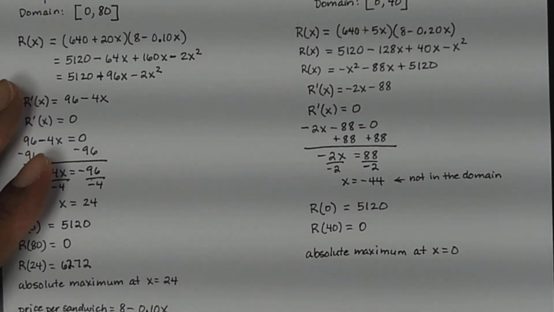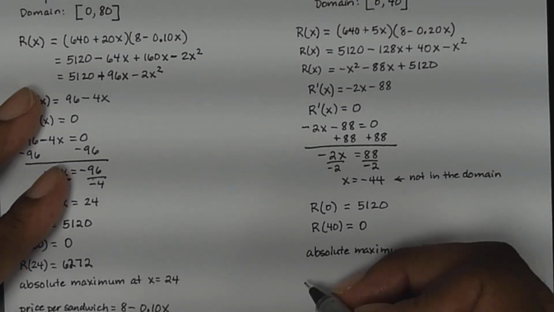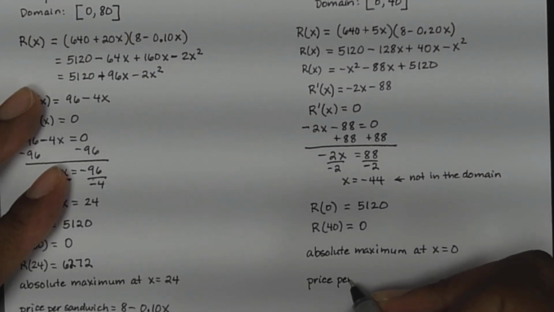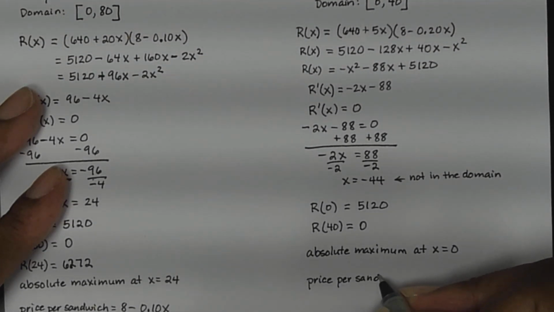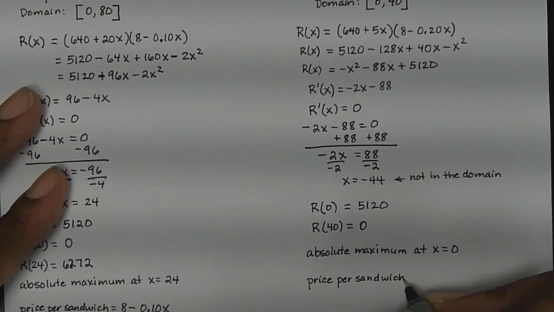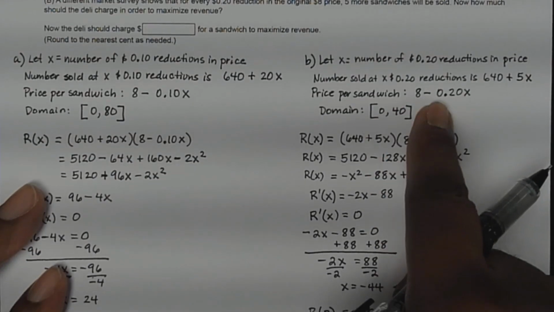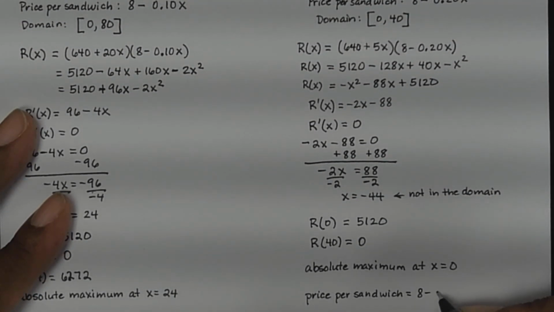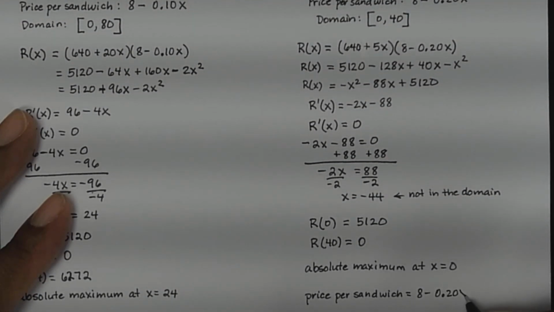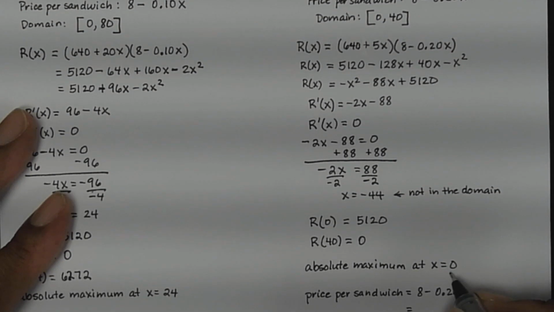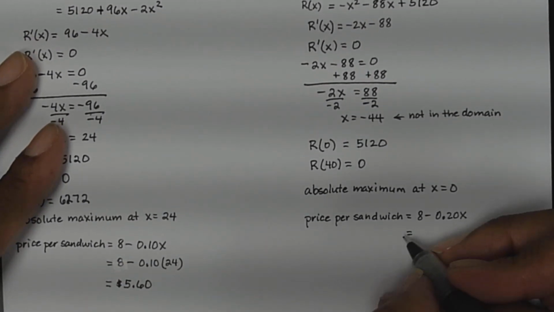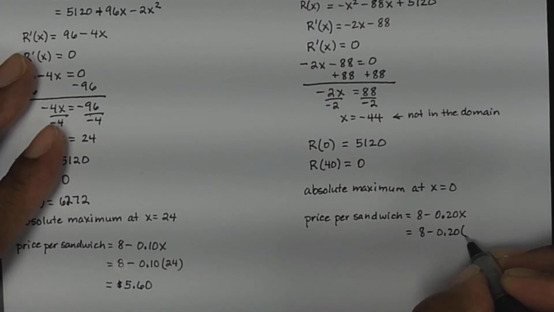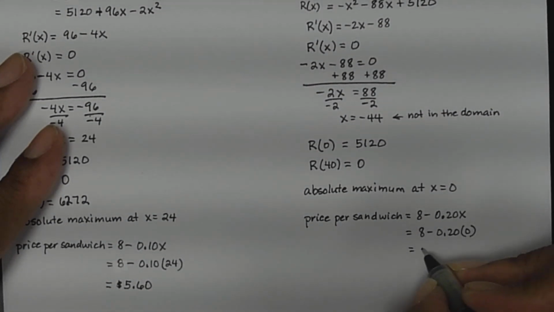So now we can find the price per sandwich for this situation. If you remember, the price per sandwich is 8 minus 0.20x. At x equals 0, we substitute that x with 0, so it'll be 8 minus 0.20 times 0.